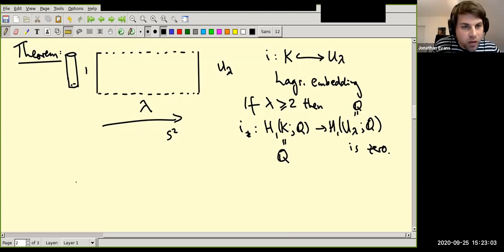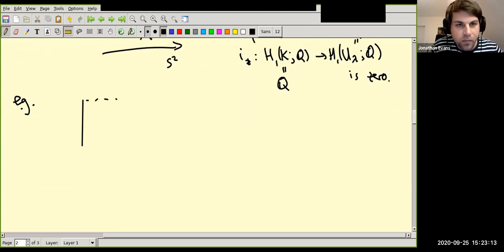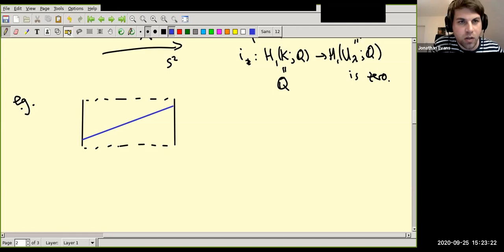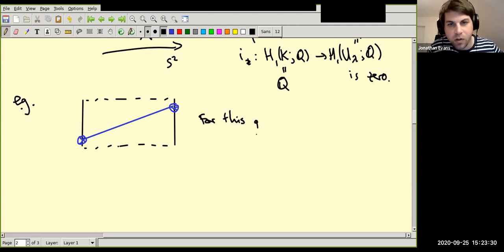So for example, if we make this one slightly longer so that we actually can fit the Klein bottle in, this Klein bottle here, then the claim is for this one, i star is an isomorphism.